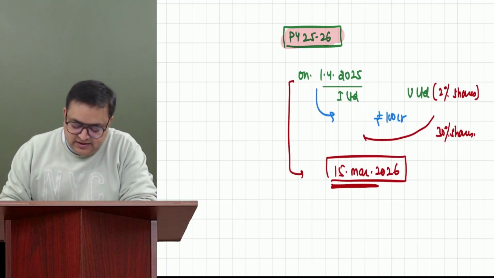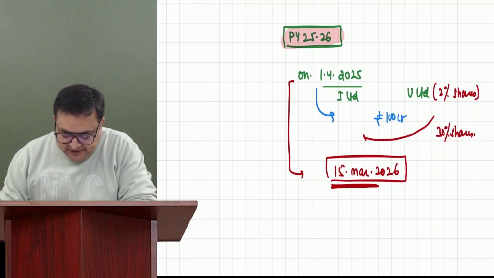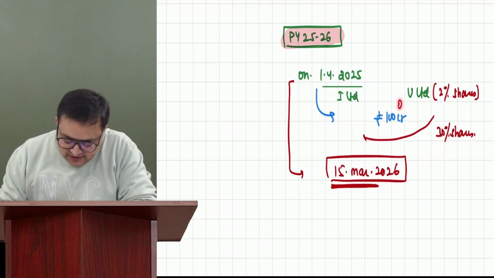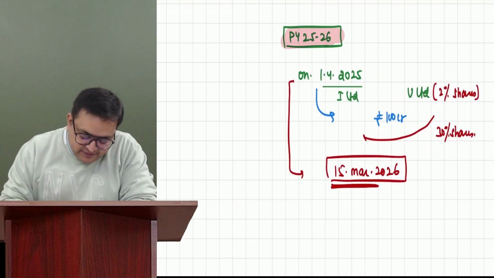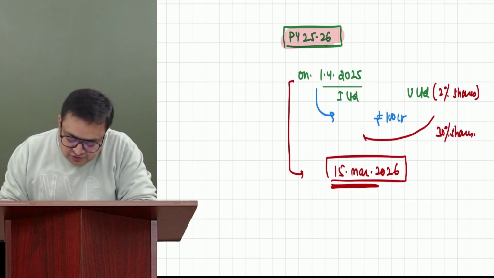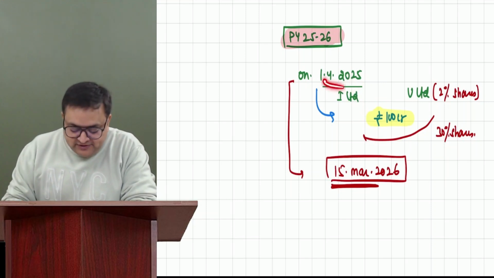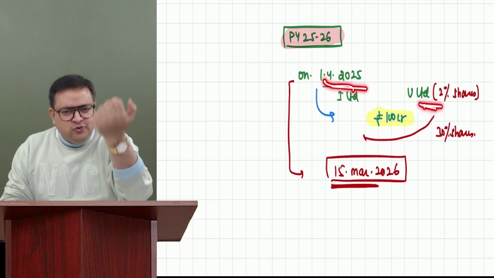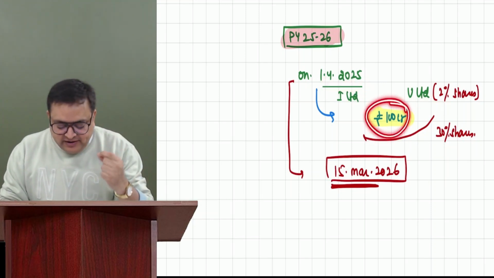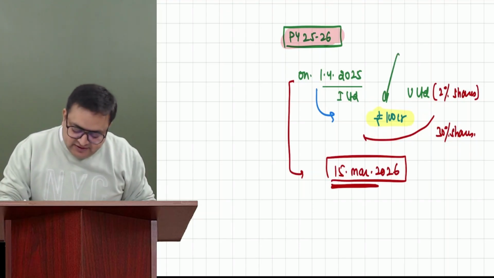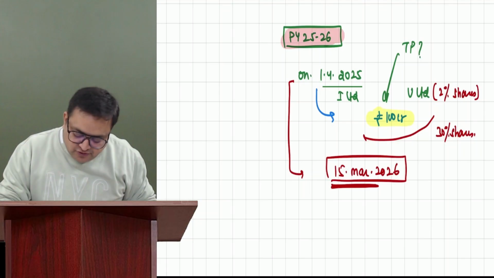Now, obviously, they become associated, because from 15th March 2026 they are associated. Now, please tell me whether you will apply transfer pricing provisions on this transaction or not, because this transaction happened in the past, when this company was holding just 2%. Please tell me in the comments whether you will apply TP provisions here or not.